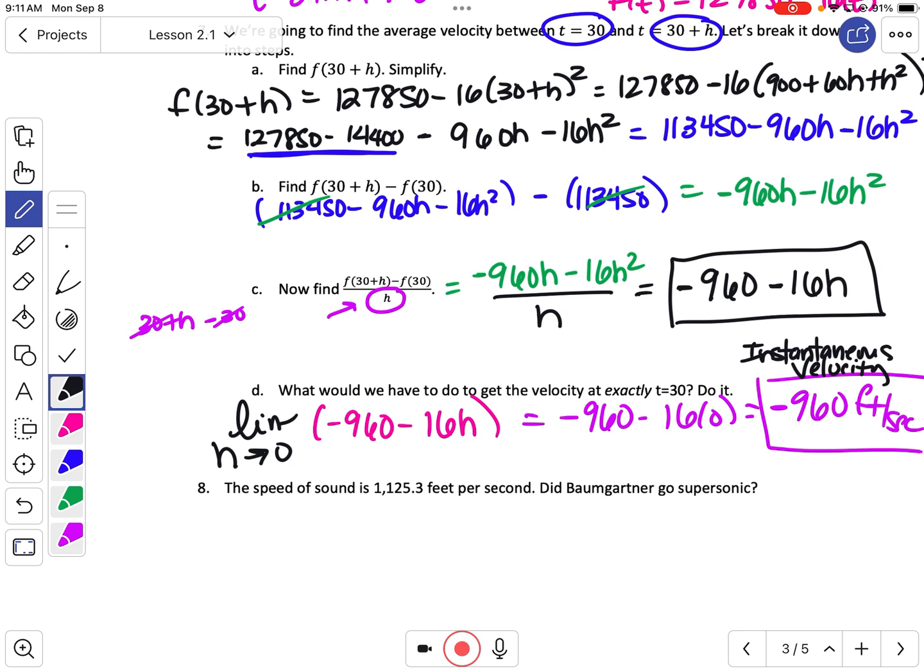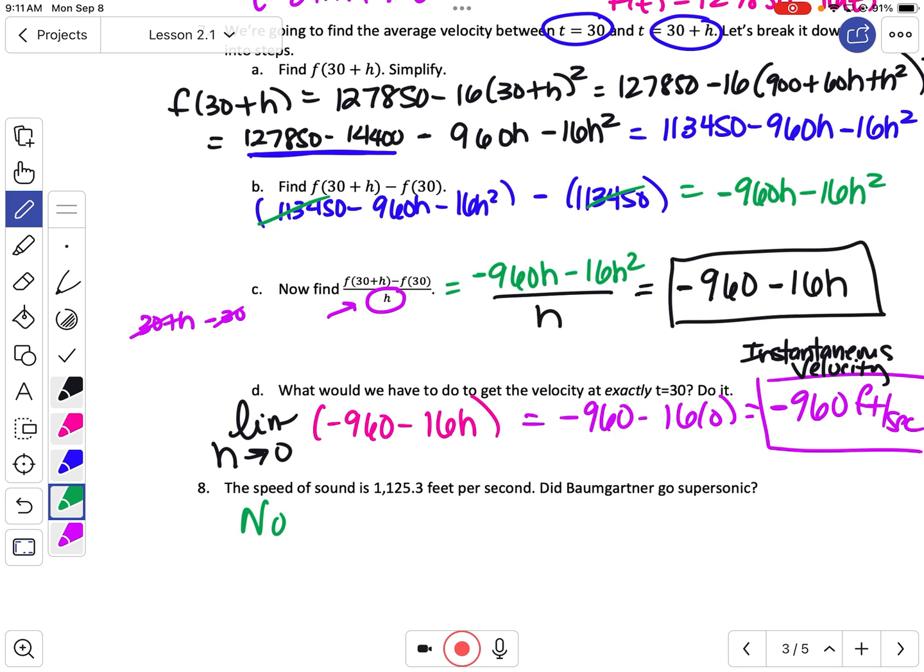right? Now, the last question it asked me is, did he go supersonic? Okay, they tell me the speed of sound is 1,125.3 feet per second. Okay, so did he go supersonic at t equals 30? No, okay? No, because it was less. Negative 960, all right, not quite there.